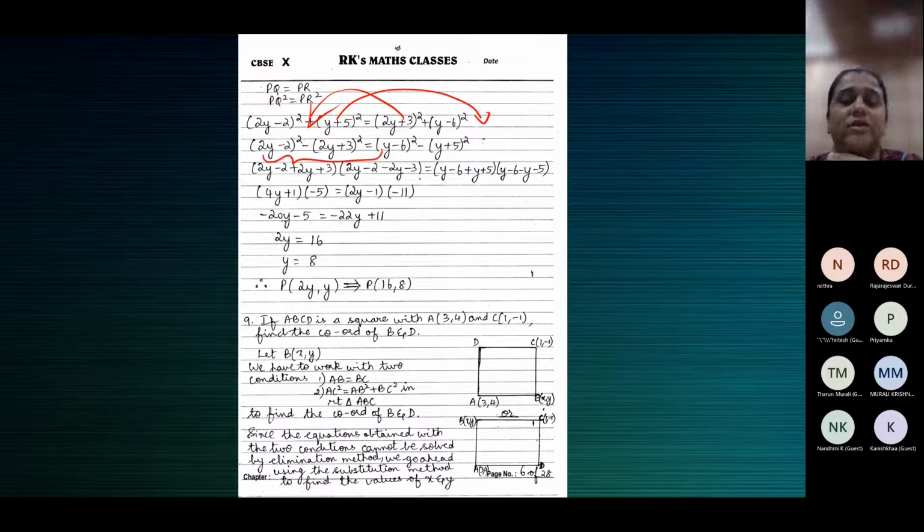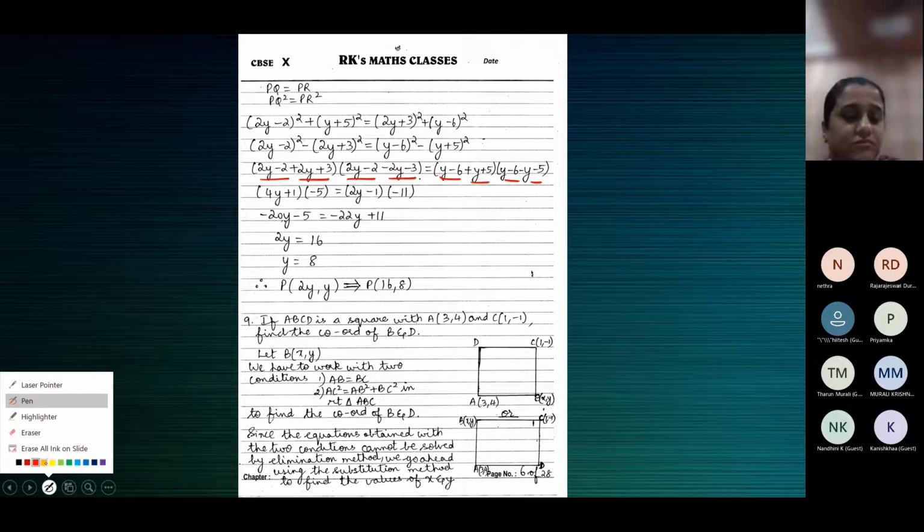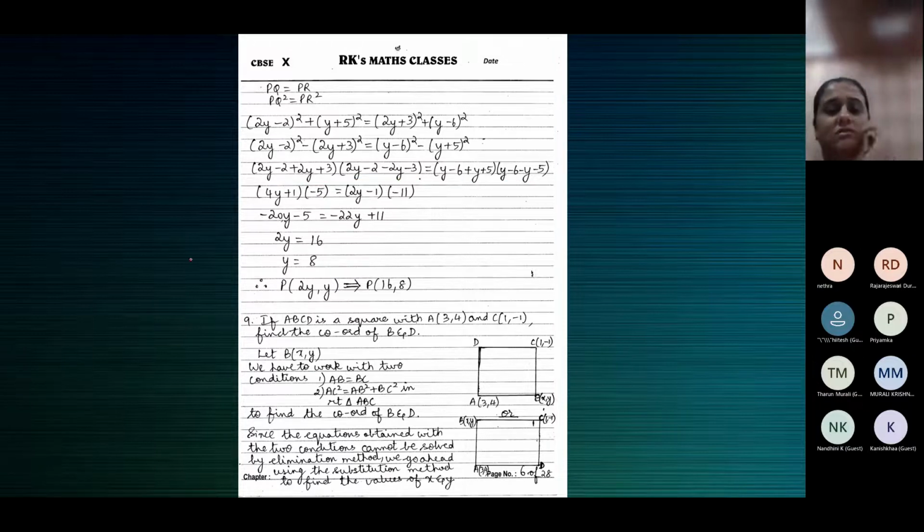So we have a difference of two squares, a squared minus b squared, on both sides, which is (a plus b) into (a minus b). Then you'll have to multiply minus 5 with both these terms, and minus 11 with both these terms. Solving, we get y is equal to 8. So the coordinates of P, (2y, y), are (16, 8).